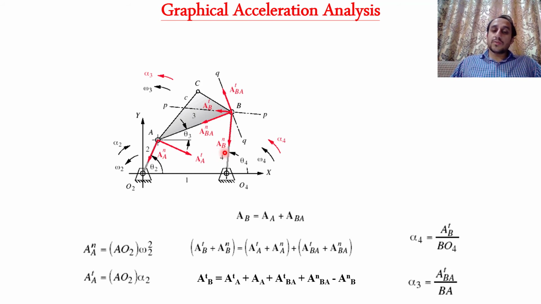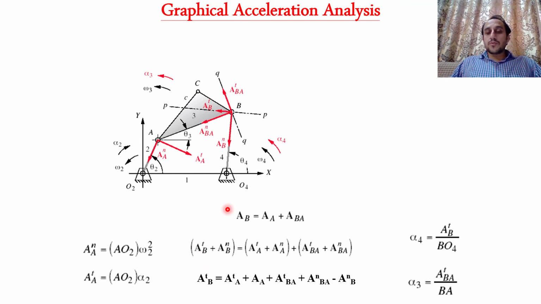So we have the magnitude and the direction of this vector available. But for this one, ATB, we don't have alpha 4 available, so we cannot calculate the magnitude of this one. In these two, we know the direction and the magnitude of this component, and we partially know the direction of the other component.